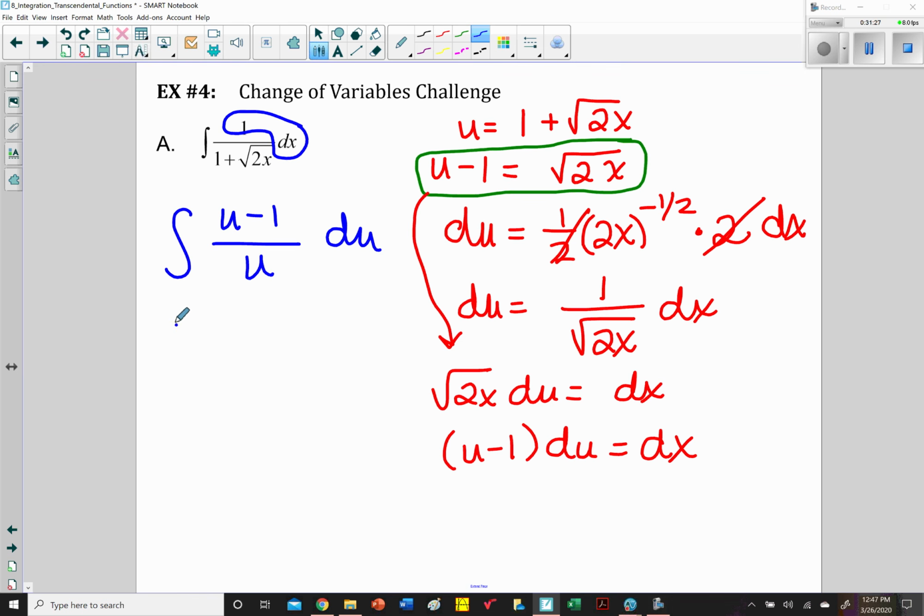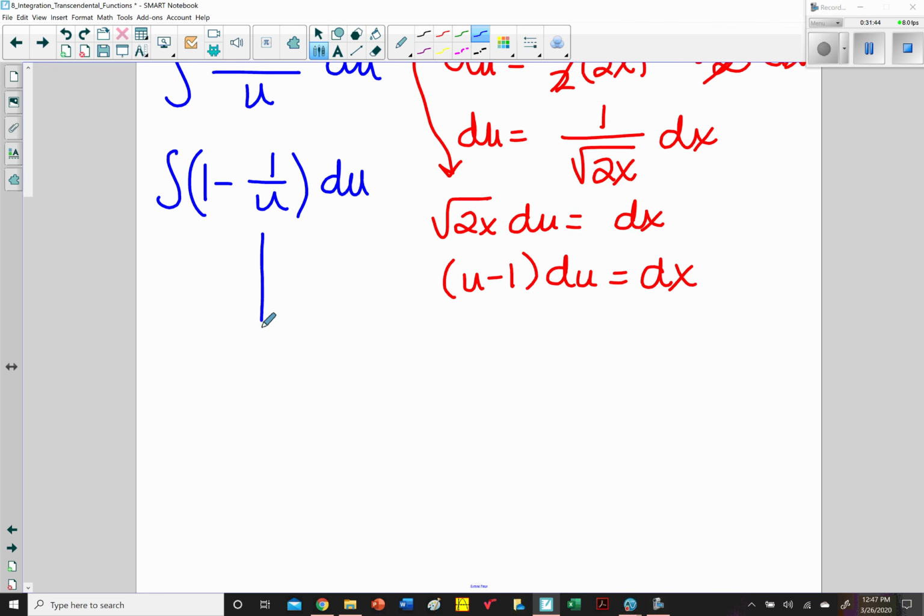So how about if we break this fraction apart? U over u is 1, and 1 over u is 1 over u, and integrate that way. So the integral of 1 is u, and the integral of 1 over u is natural log of u plus a constant. But what was u?